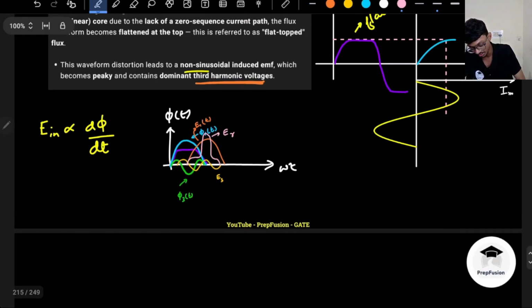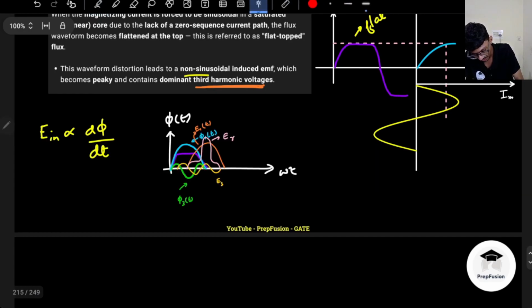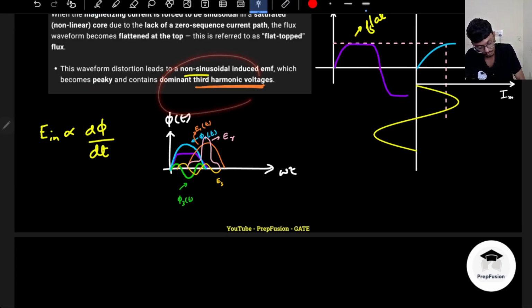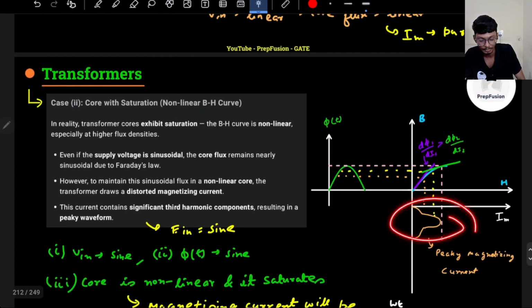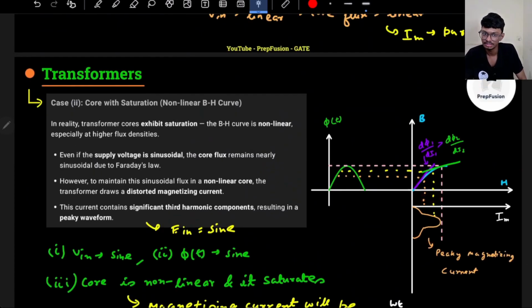So what is the conclusion? If my flux is flat topped, my induced EMF will be peaky in nature. Here, if my magnetizing current is peaky in nature, then my flux was sinusoidal and my induced EMF was also sinusoidal.